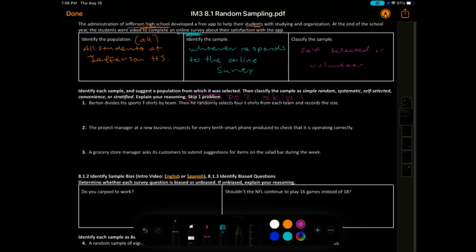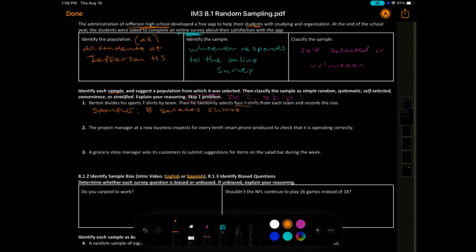Do 2, skip 1. Burton divides his sports t-shirts by teams. Then he randomly selects 4 shirts from each team and records the size. Okay, the first thing we need to figure out is the sample. So the sample in this case is going to be the shirts Burton selects, right?